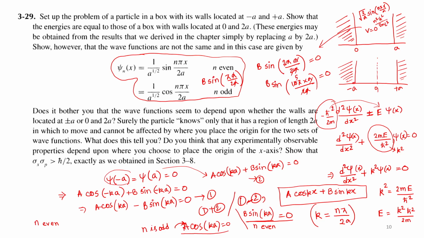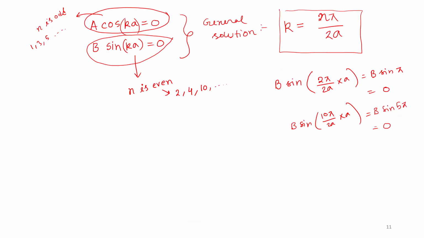So what we got till now is that k is n pi by 2a, and we also know that k square is 2 m E by h cut square, right? So k square is here n square pi square by 4a square into 2 m E by h cut square.